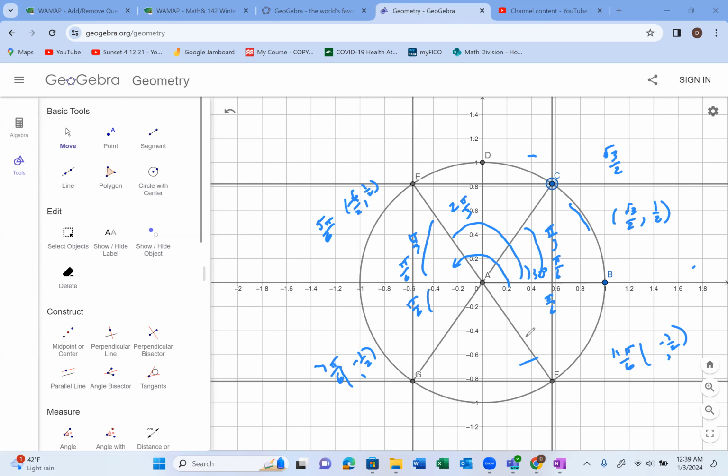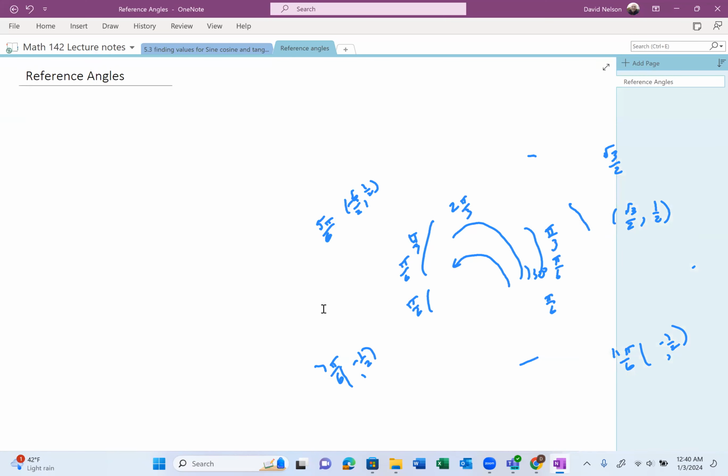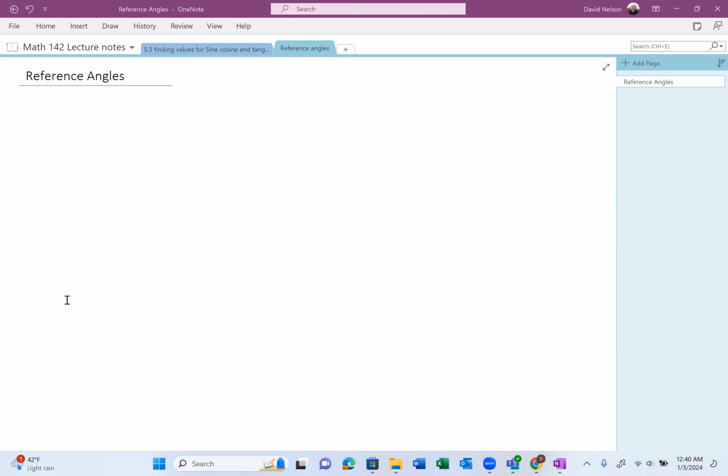So reference angle, when you're looking at a circle, your reference angle is always the angle back to the x-axis. Let me clear all drawings there.